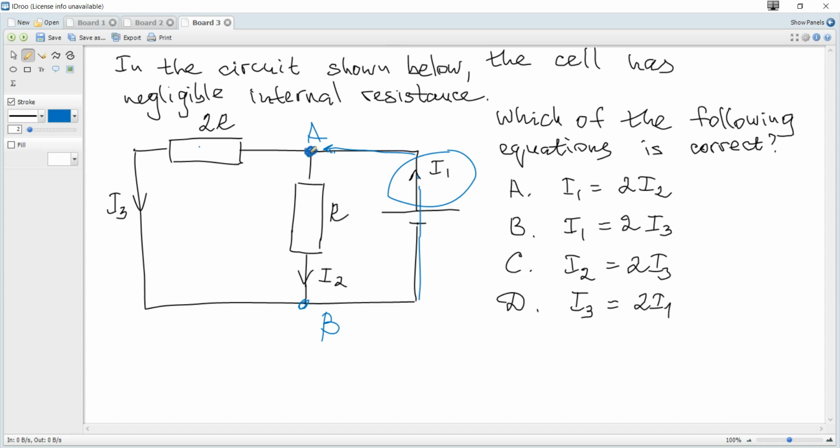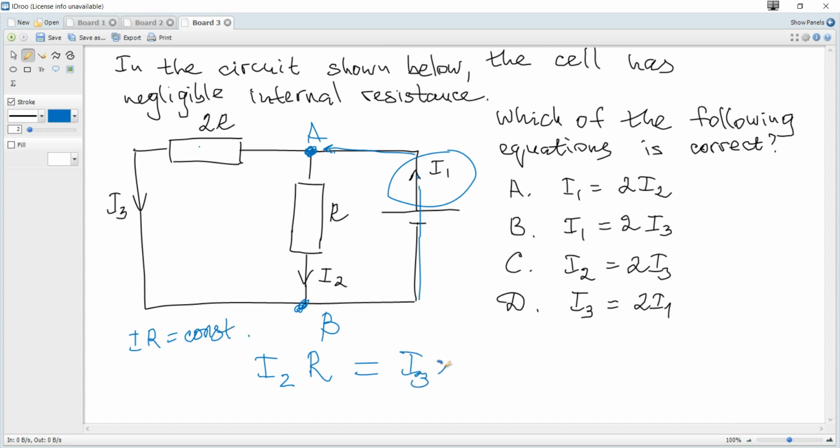And since AB, these two branches, two components are in parallel, and we know that voltage in parallel is the same, and we know that voltage is what? Current times resistance. So current I2 times resistance, it's just R, is equal to, so voltage is constant for parallel, is equal to what?